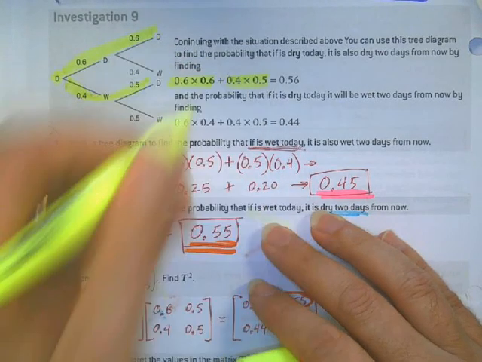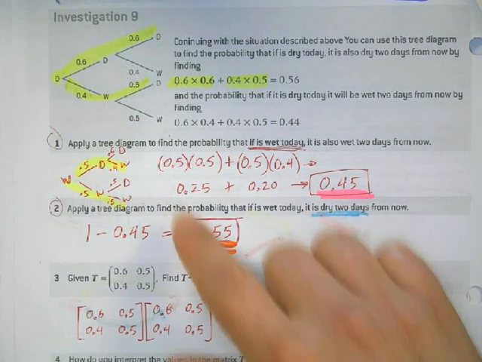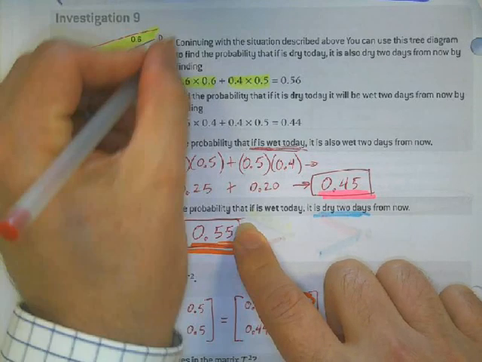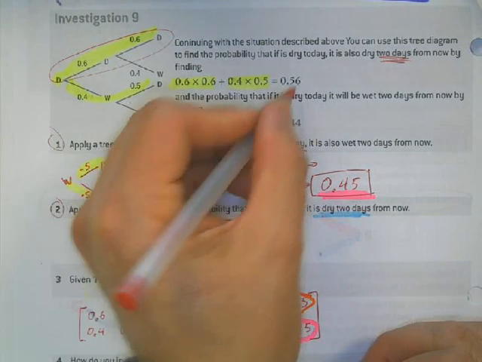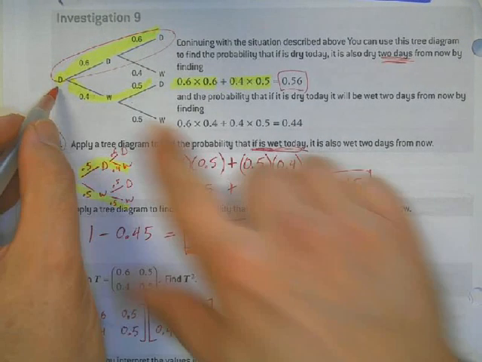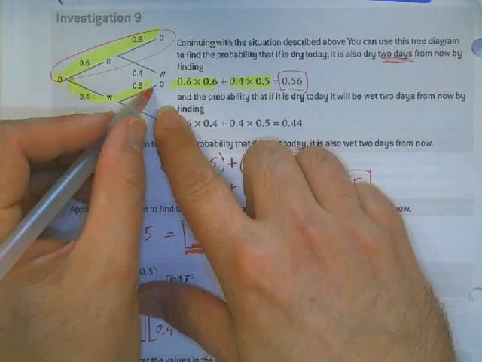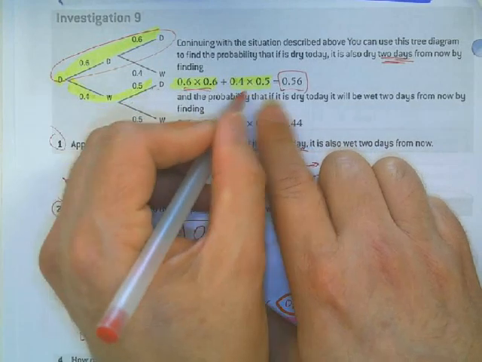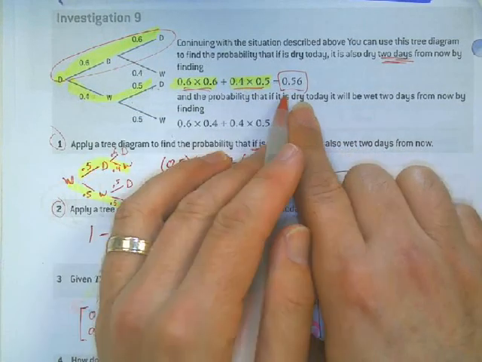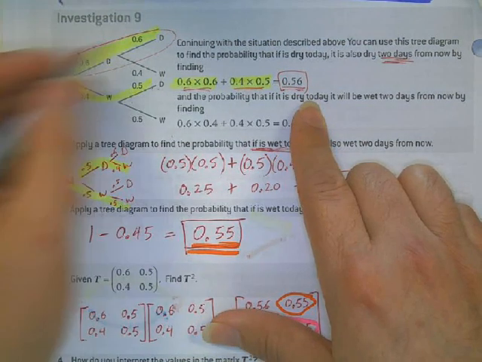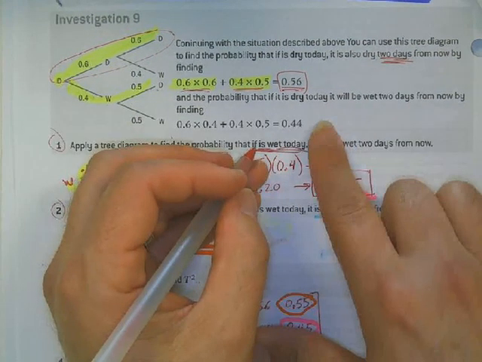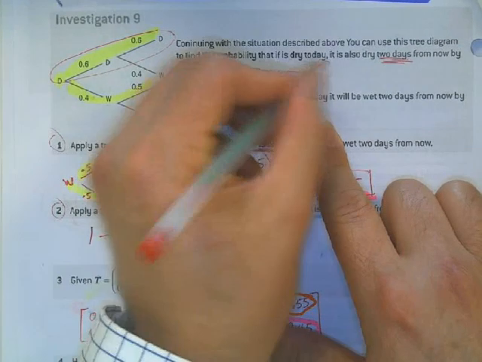Because if I do either pathway, after 2 days I am going to be dry. And so I've got a 56% chance that it's going to be dry after 2 days if we started off dry.